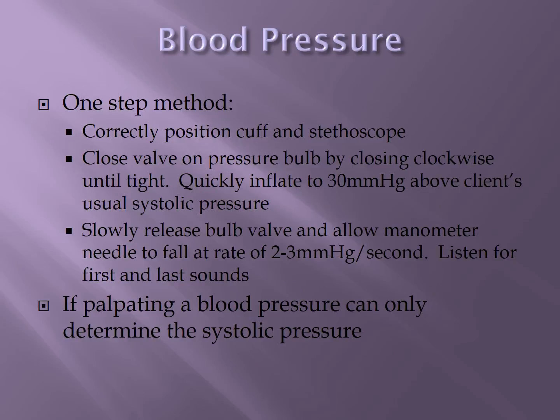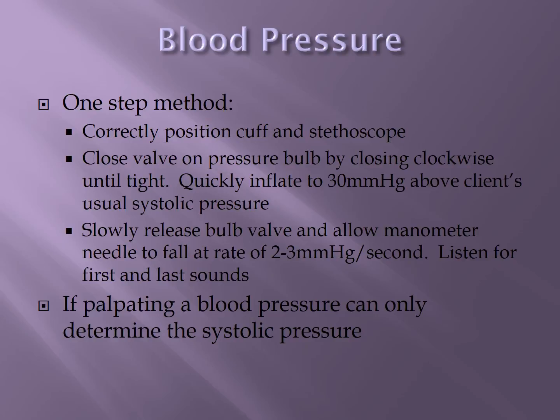If you're going to use a one-step method, what you need to do is know what their previous systolic pressures have been. So I look in the chart, I find what their pressures have been running, and I'm going to inflate the cuff 30 millimeters above what their usual systolic pressure is.